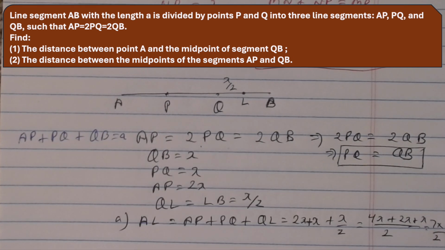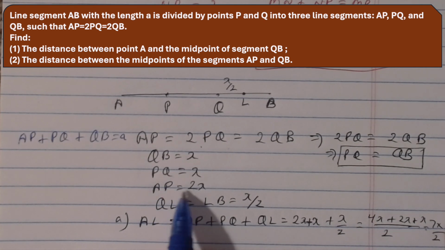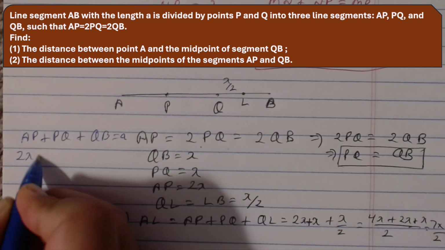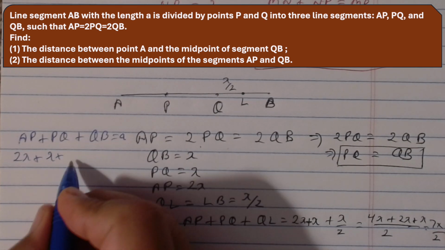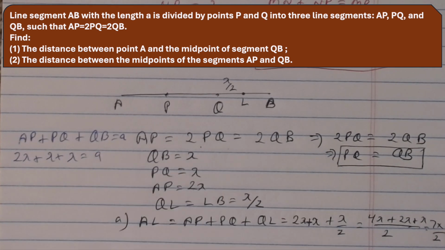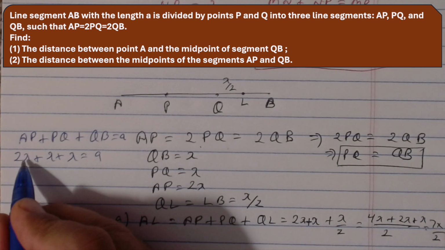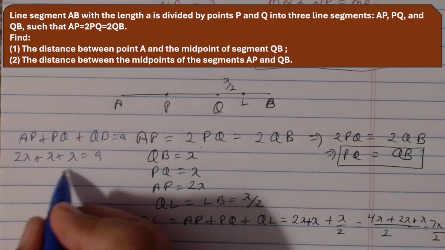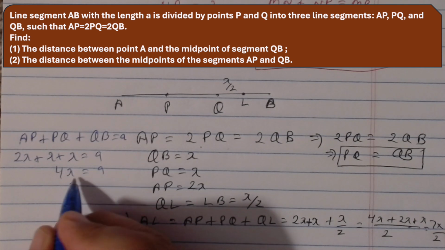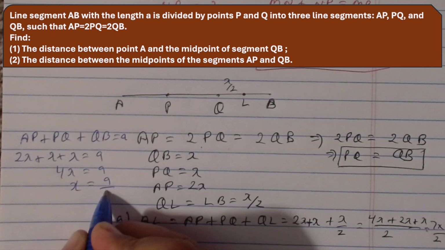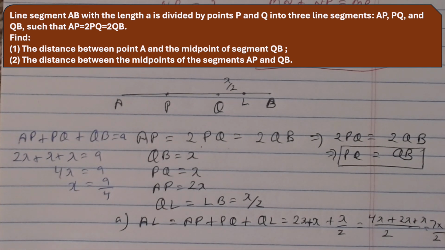This is given in the question. And we have AP is 2x plus PQ is x plus QB is x is equal to a. So this is 4x equal to a, and x is a by 4.